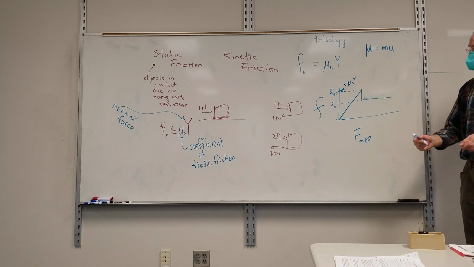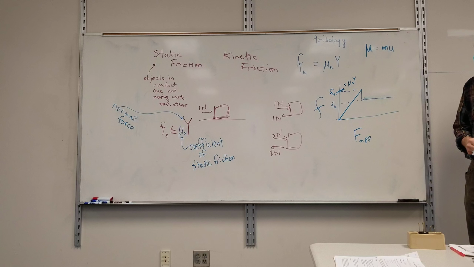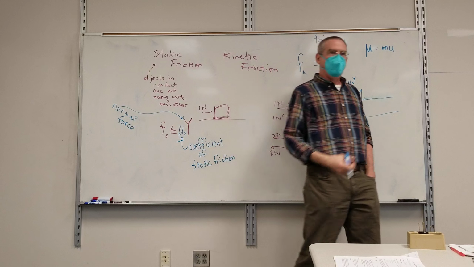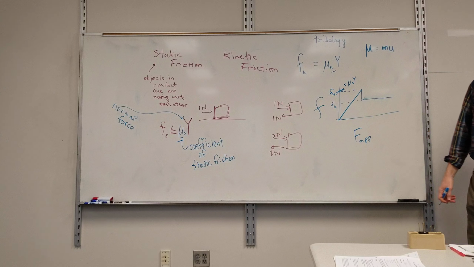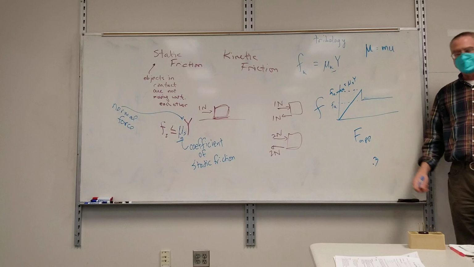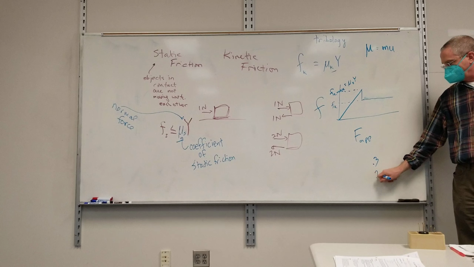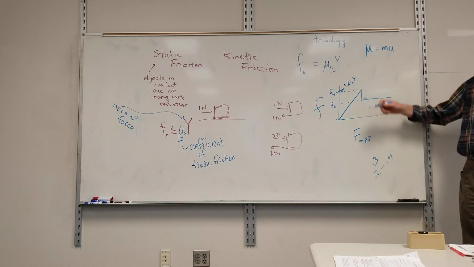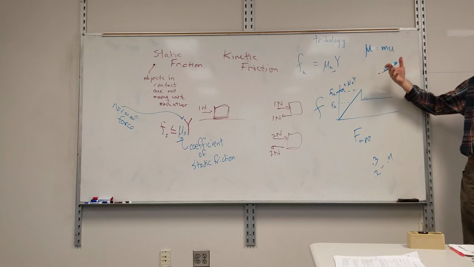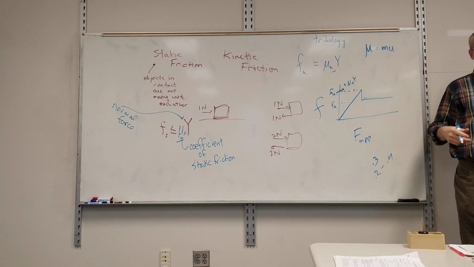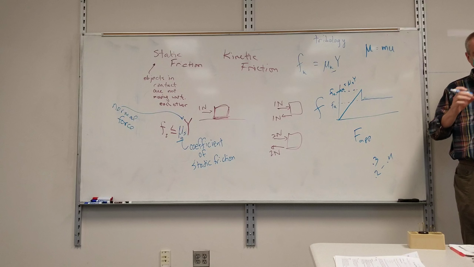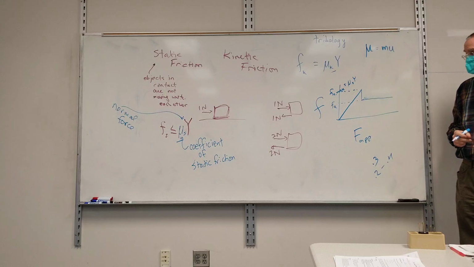However, there is another group which is basically saying that the values of mu sub k and mu sub s have large error bars. They might tell you that the coefficient of friction is 0.3, but really it could be anywhere from say 0.2 to 0.4. There have not been any precise experiments to narrow it down better than these vague fuzzy numbers.